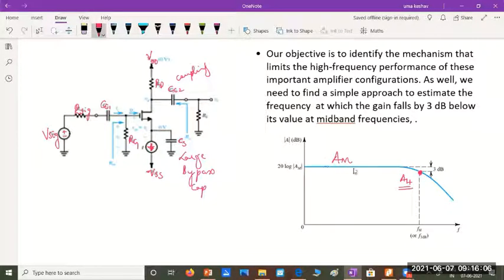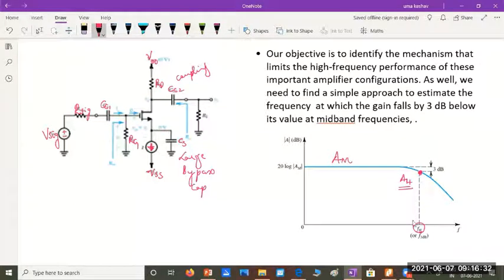So our objective in this analysis: first determine the mid-band gain, then determine the gain 3 dB below the mid-band gain, which is the gain at high frequencies. And when this happens, the corresponding frequency is known as the higher cutoff or upper cutoff frequency of an amplifier.